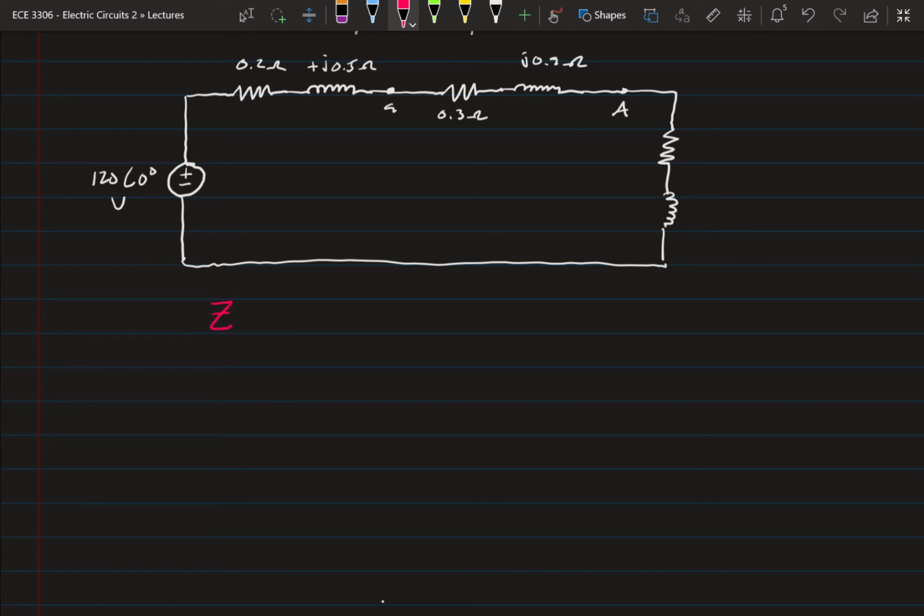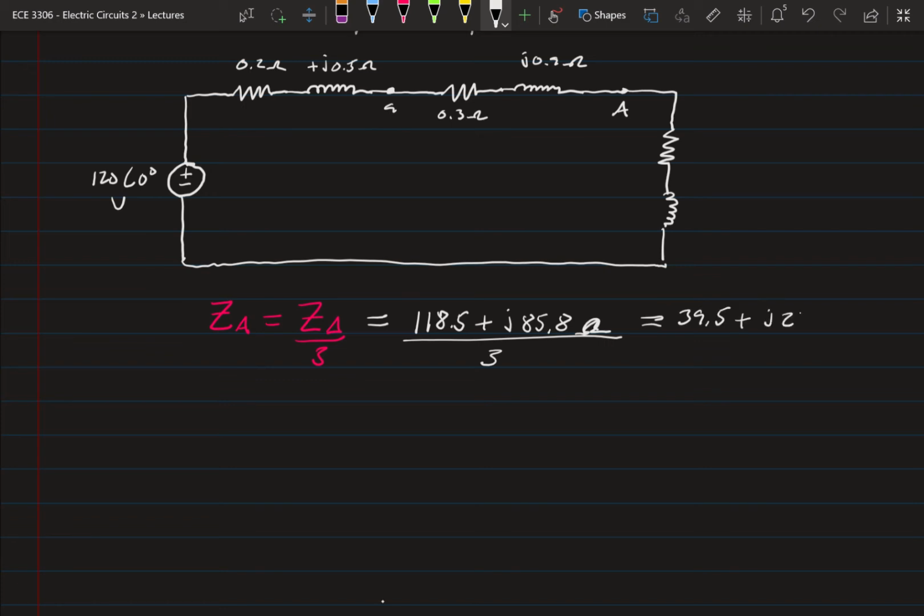Remember that our Z sub A is equal to Z delta divided by 3, which means it's equal to 118.5 plus J 85.8 ohms divided by 3, which gives us 39.5 plus J 28.6 ohms.